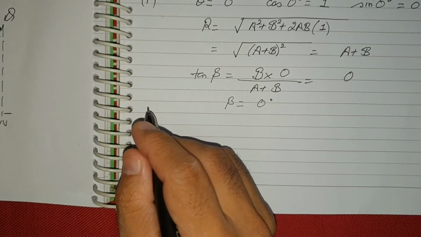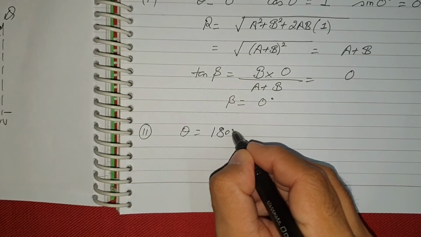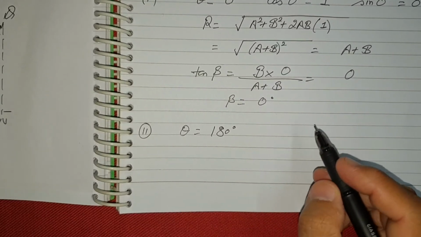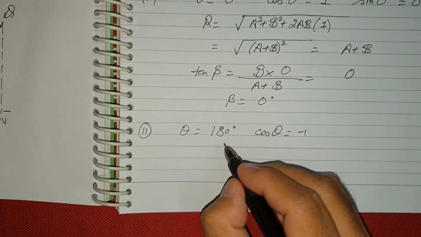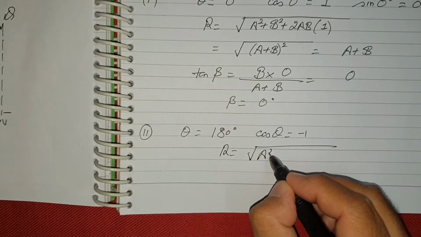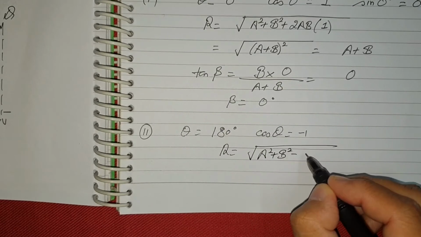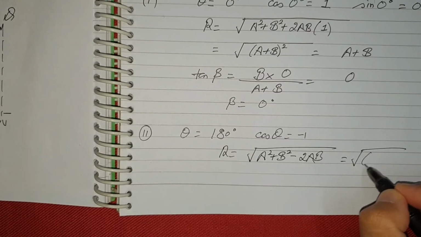Now when they are acting in opposite direction, theta is what? 180 degree. We know that cos theta is -1. So the resultant will be, with the formula a square plus b square minus 2ab, under root of (a minus b) whole square.